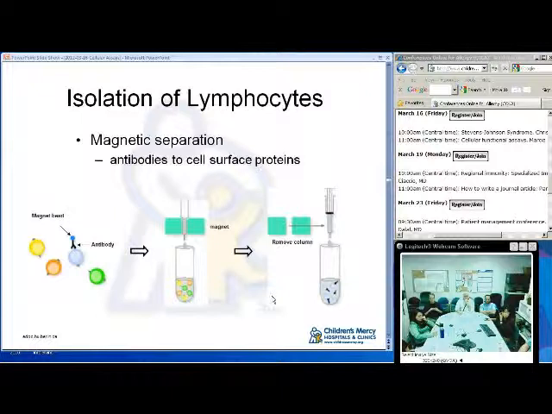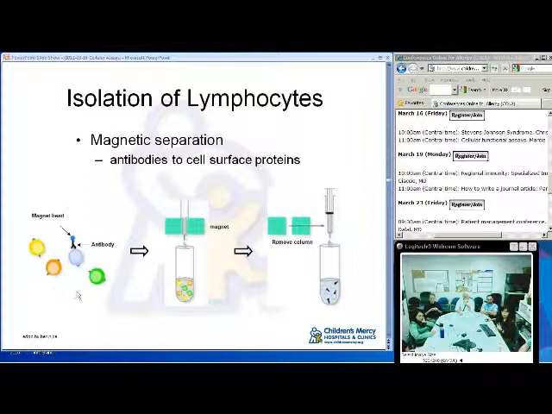If you want to do it in a fancier method, you can do it by magnetic separation. And so what you would do is you would bind an antibody to the cell surface protein that's linked to a magnetic bead. So say if you wanted to look for a CD4 population in your lymphocyte population, you'd bind an antibody to CD4 that's linked to a magnetic bead.